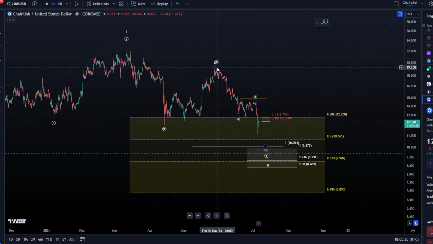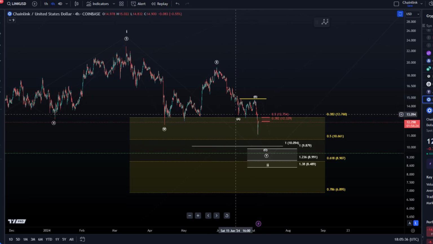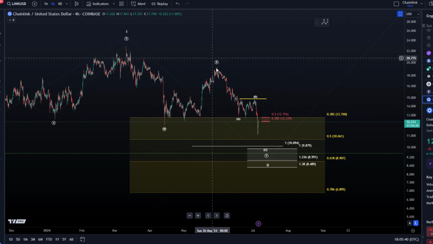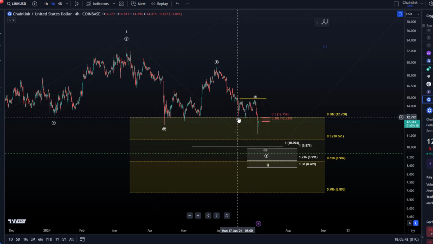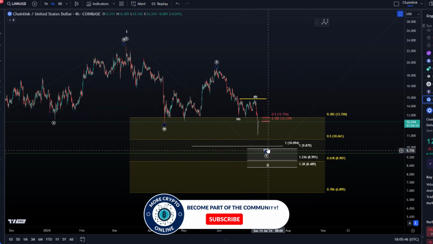For example, within the Y wave now, we're dealing with an ABC structure. Not high confidence in this microstructure, but it works for now. Why not high confidence? Because this initial decline isn't quite clear, but I label that as an A wave. Makes sense to me. I can justify that as a potential 5-wave move down. That could be the B wave top here, and then the C wave down is likely unfolding now.